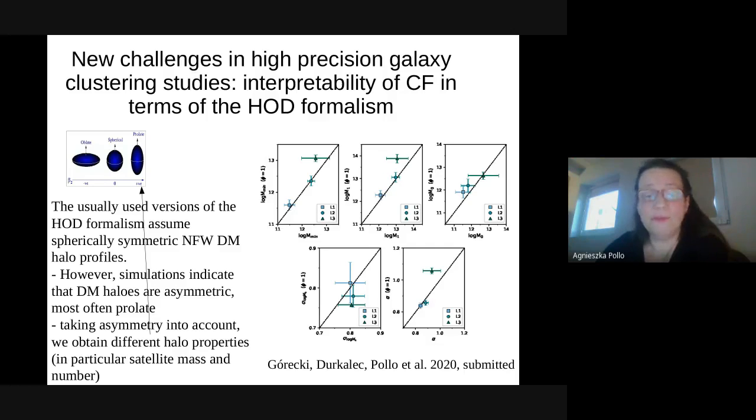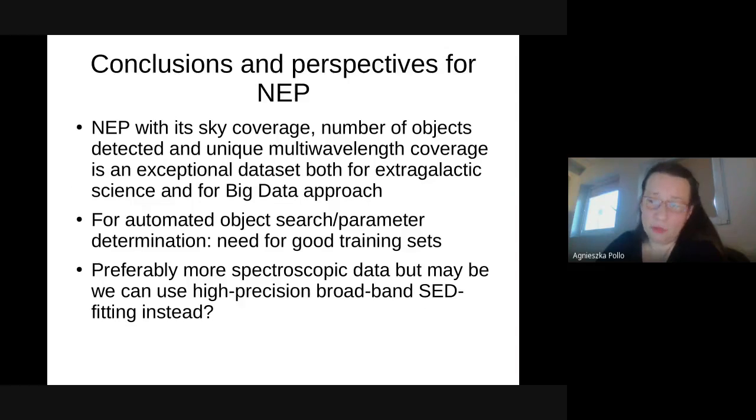And then if we take this fact into account, we find out that we may systematically bias our measurement of the underlying masses of dark matter halos. This is also something we should take into account in future studies.